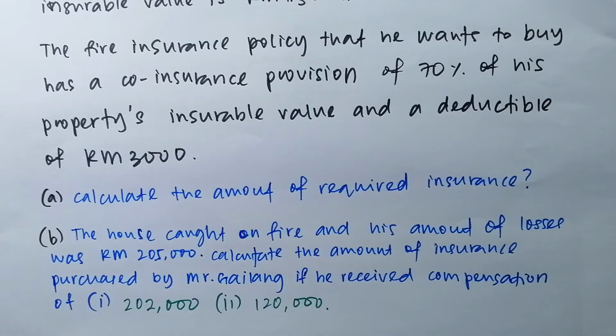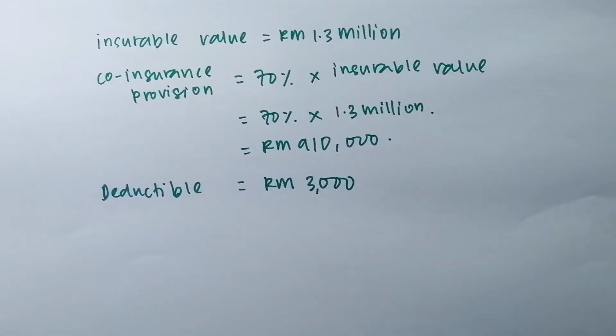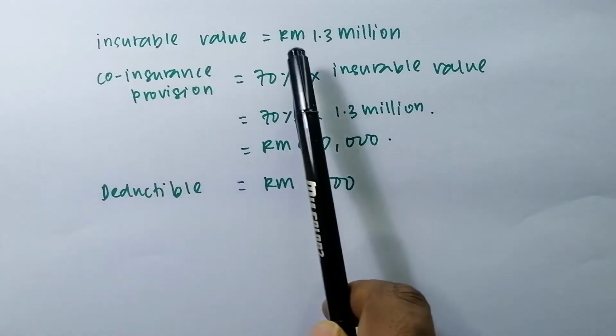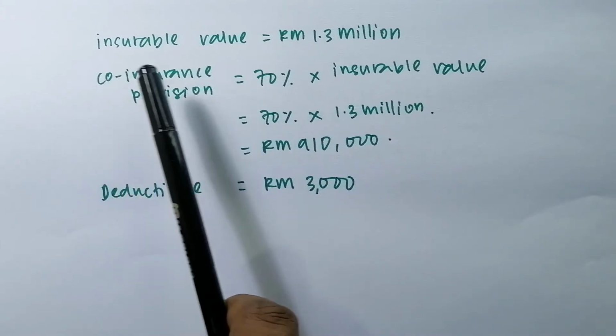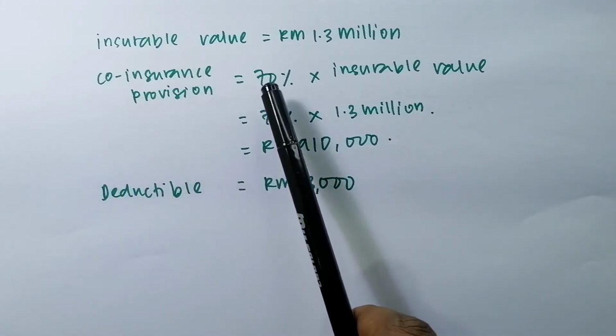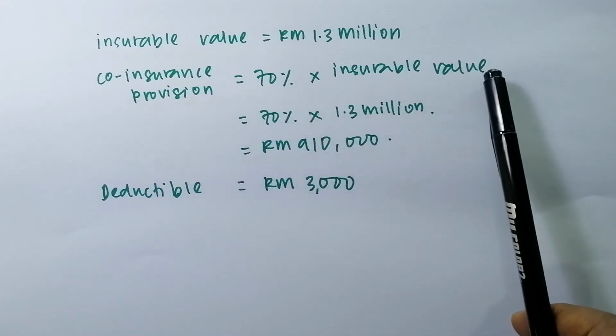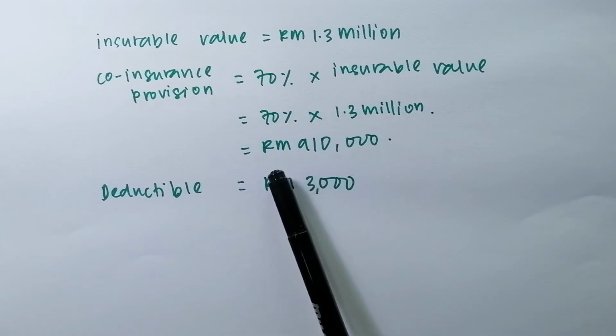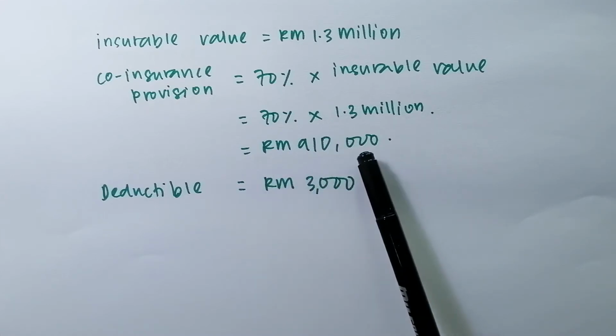Now let's look at the solution one by one. Based on the information from the question, the insurable value is 1.3 million. The co-insurance provision requested by the insurance company is 70% of insurable value, which is 70% times 1.3 million, which is RM910,000.